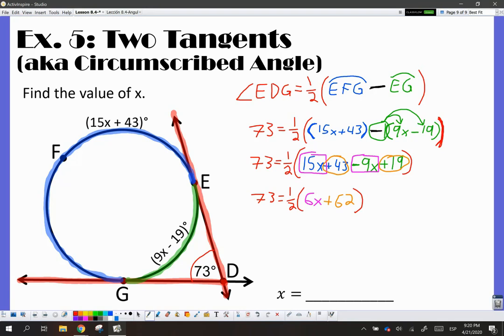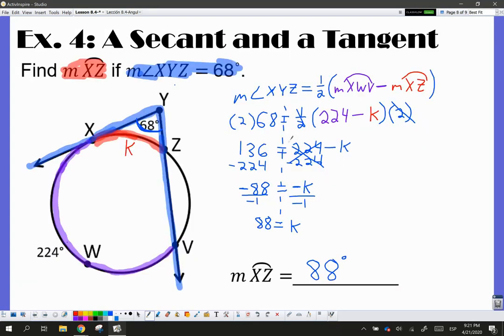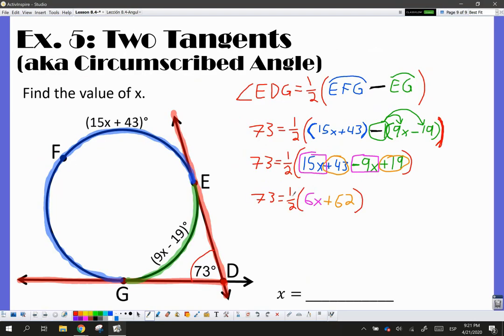Now at this point, my expression has been simplified, but it's still inside parentheses here. And I can't just get rid of them because these parentheses mean I multiply by 1/2. So just like how we worked out this problem and multiplied by 2 up here, I want to do the same thing over there. To get rid of the 1/2, I'm going to multiply by 2.